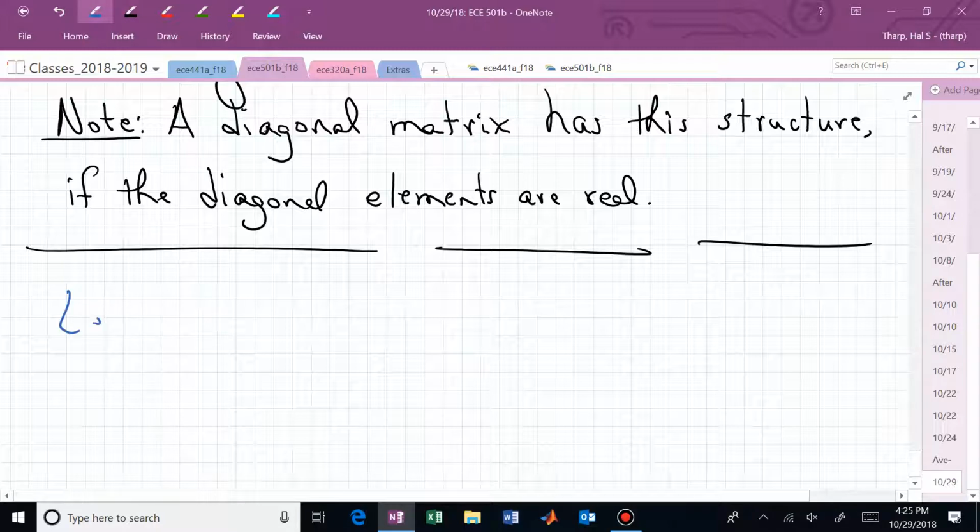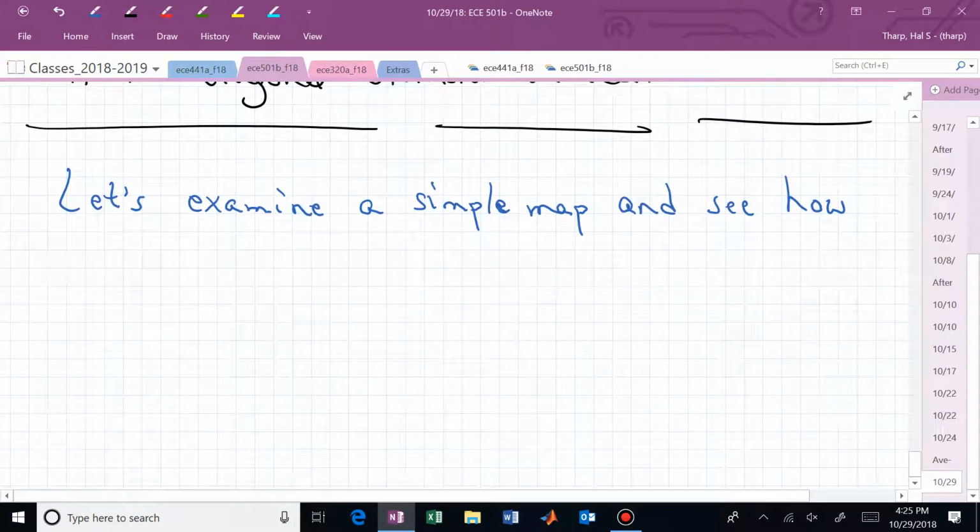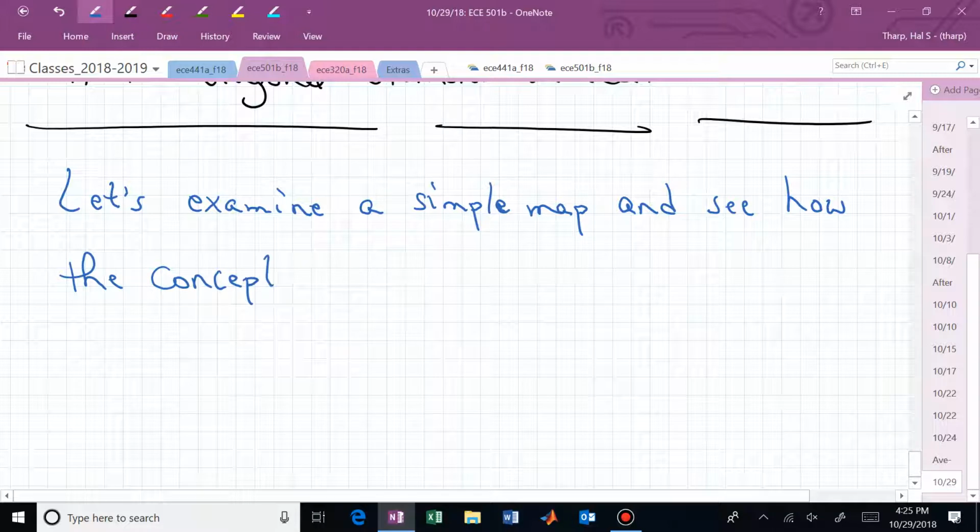So let's examine a simple map, hopefully to allow us to gain a little bit more intuition or comfort with this and see how the concepts might generalize.